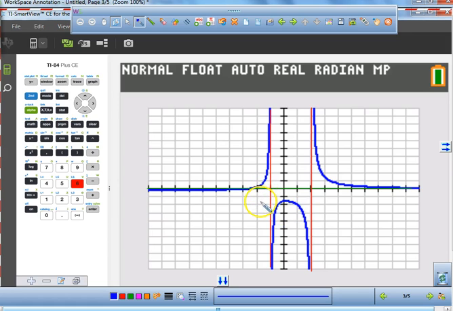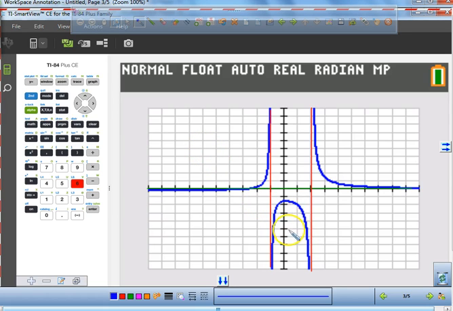Now, our domain, it's broken into how many? 3 different categories, right? We got a domain over here, we got a domain here, and we have a domain here. So what's this domain? Just by itself, what's this domain? -infinity to -1. What's this domain right in here? From what to what?